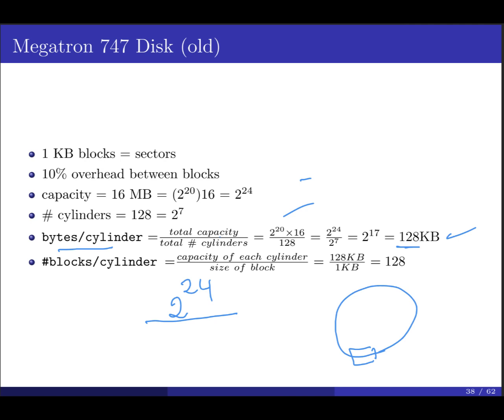And they give you the size of the sector, 1 kilobyte, right? So you take the capacity of each cylinder, which is 128 kilobytes, and divide by the size of the block, because in the first scenario we assume that one sector equals one block. Then you compute this number, and we end up with 128 blocks. Okay, so far so good.